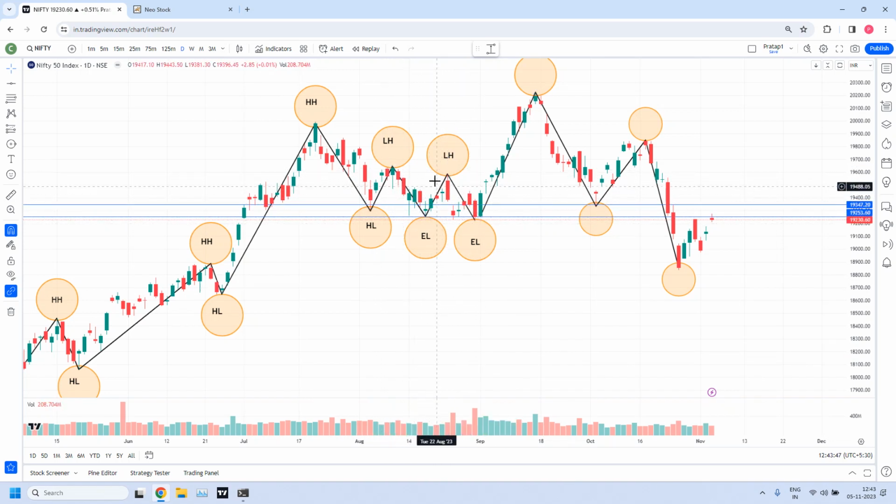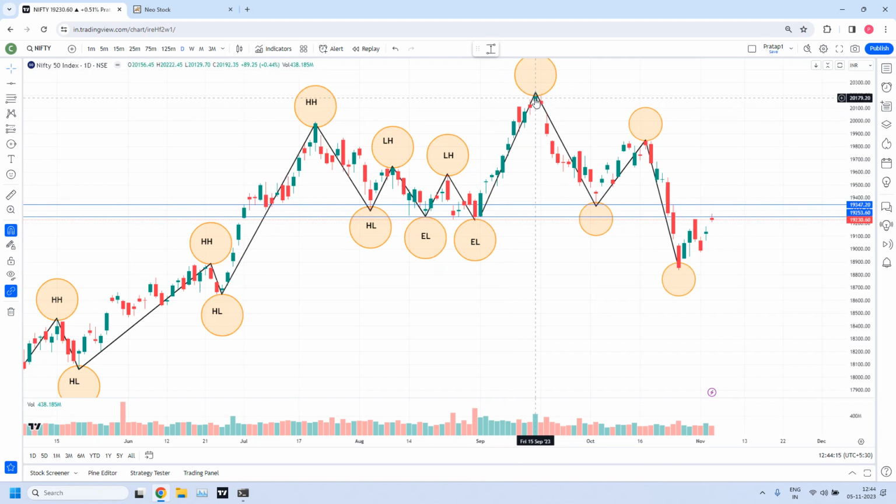See here, the prices are moving here. Whatever lines we join here, it looks like an inverted V shape. Again, inverted V shape. They're all moving almost in a narrow range, within the buffer area we have given. Okay, this is the equal low.